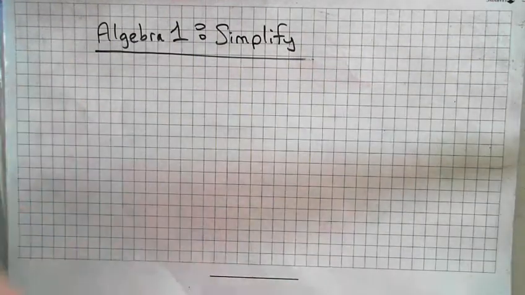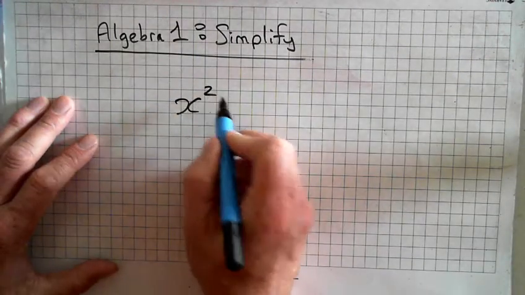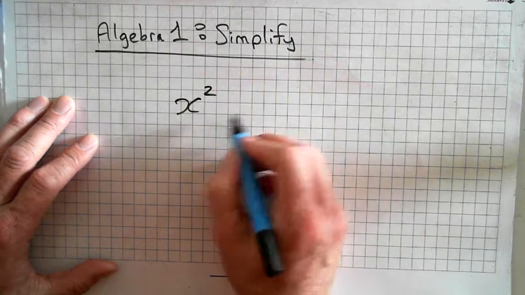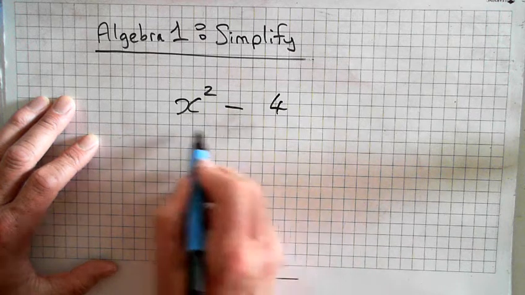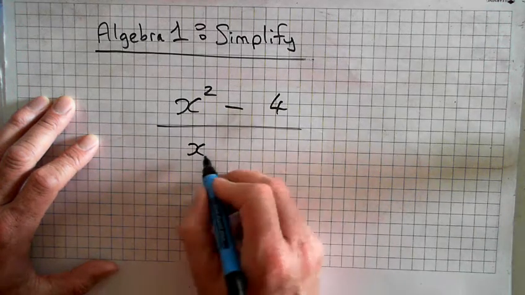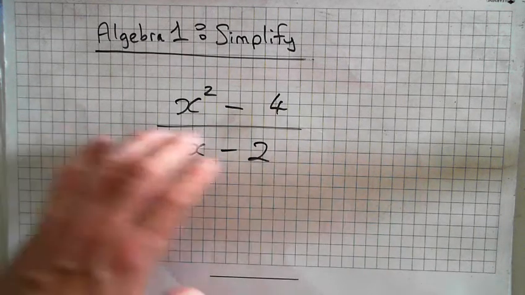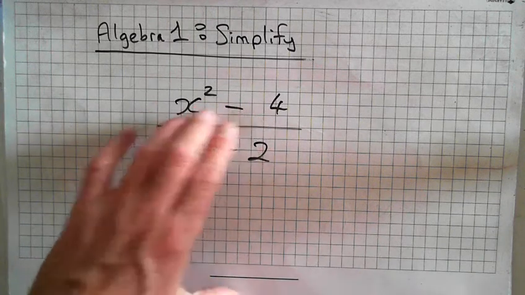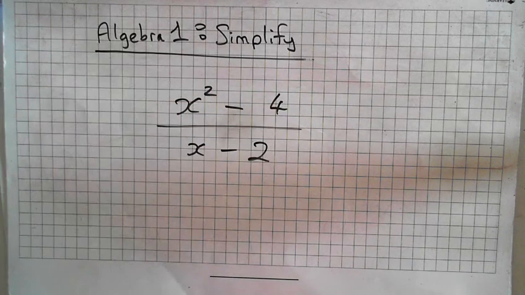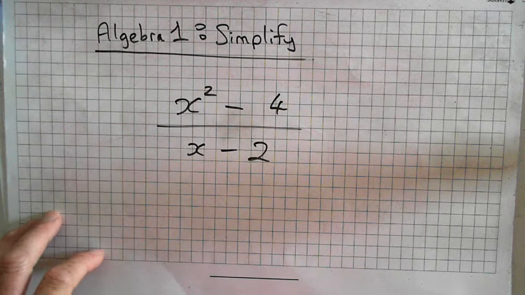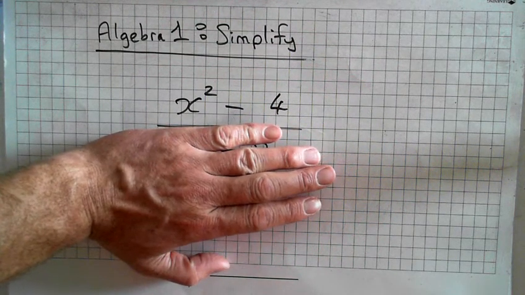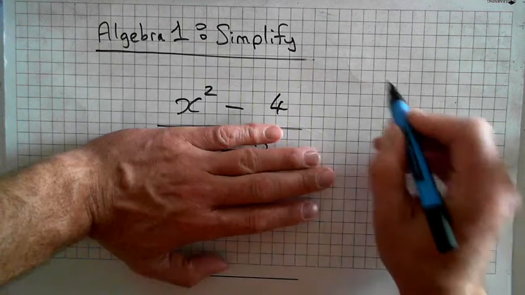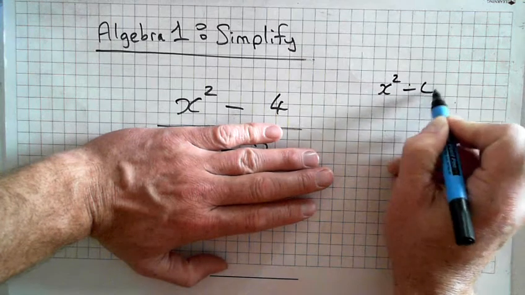Alright, another example. What is this sum on top an example of? I have an x squared and an x and a number. Difference of? The top one is two squares. So x squared minus 4.